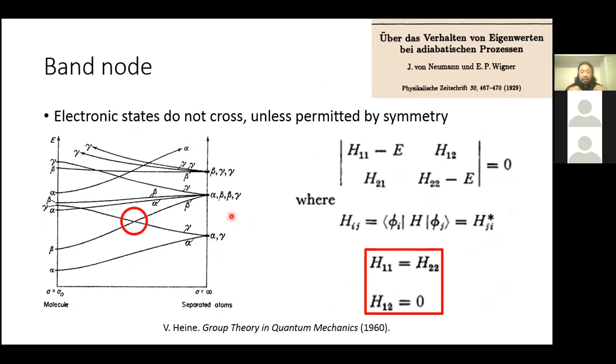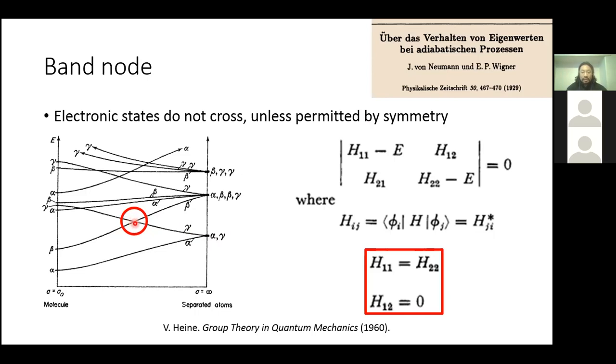If we put these two atoms together, the atomic orbitals will hybridize with each other, and there will be some band crossing points. In general, these band crossing points tend to hybridize with each other and be gapped, and only under some symmetry constraint will the band crossing be protected.